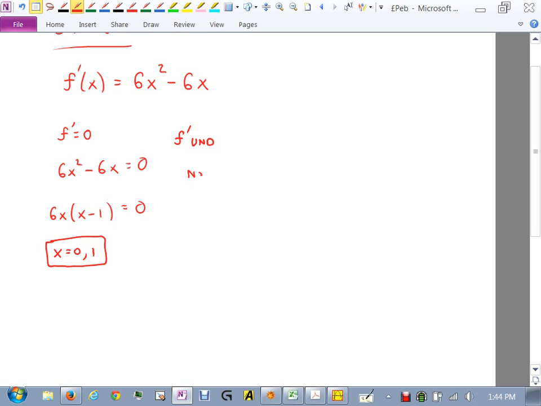Nope. What did we do after we did this? Number line. 0 and 1. That breaks up my number line into 3 separate sections. And I'm going to pick test points. And I'm going to plug these in. Oh man, I have to plug in a fraction. Oh well.